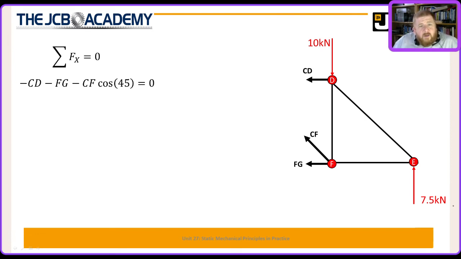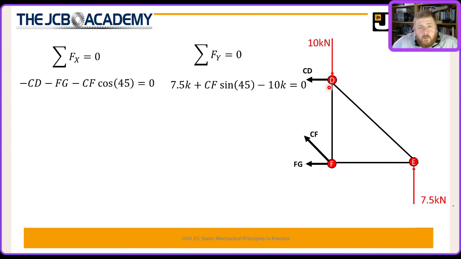Now again, we can't do anything with the horizontal forces, so we'll equate vertical forces. 7.5 kilonewtons upwards is positive, plus the vertical component of CF, minus 10 kilonewtons, because 10 kilonewtons is acting downwards.